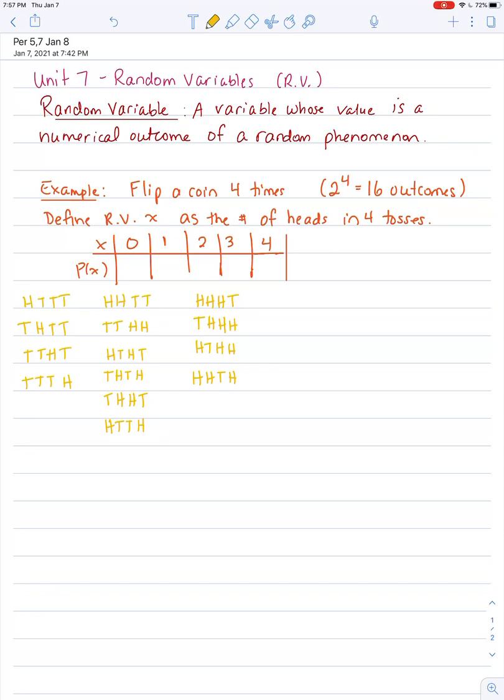And then, of course, it could just be HHHH. There could also be none: tails, tails, tails, tails, which would be 0.